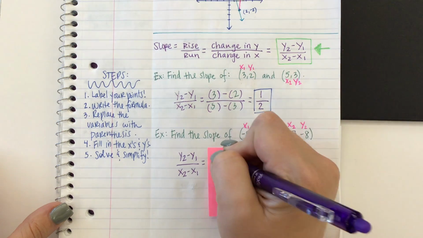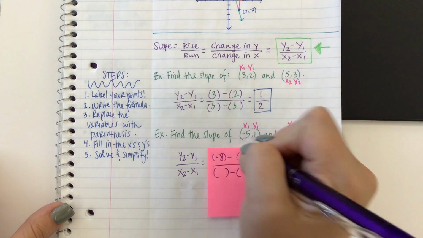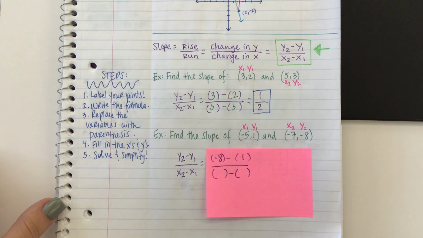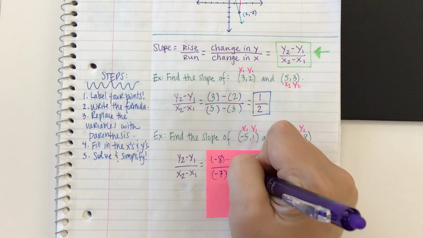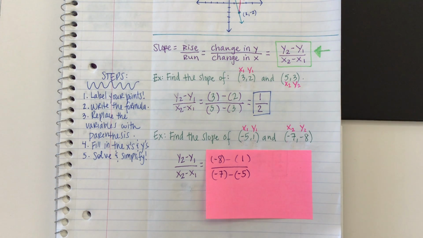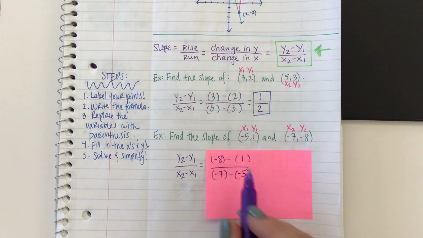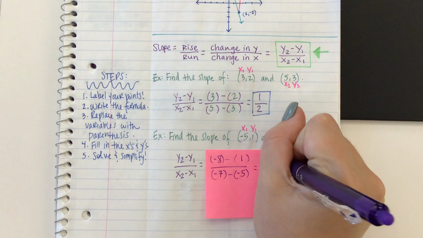y2 is -8. y1 is 1. x2 is -7. And x1 is -5. And then we solve. -8 minus 1 is equal to -9.